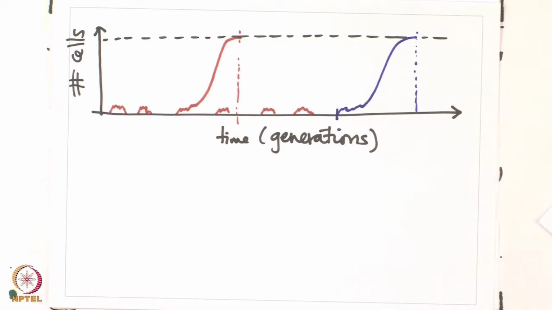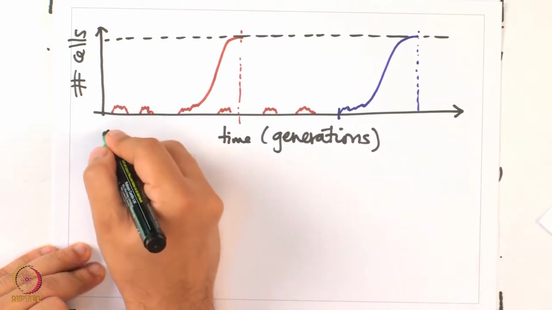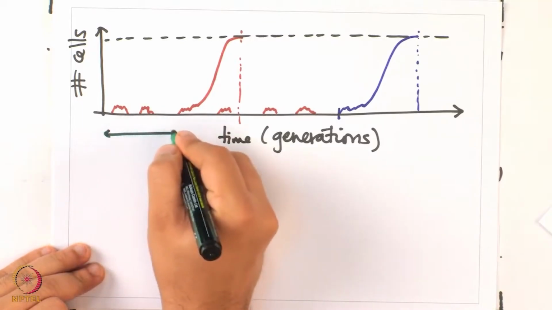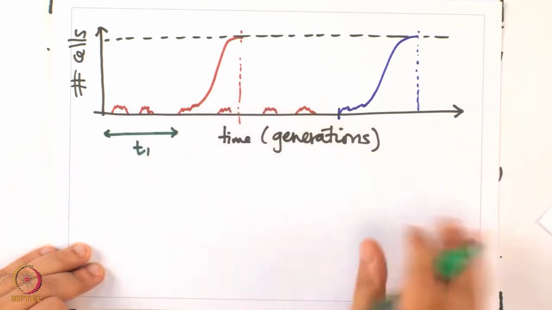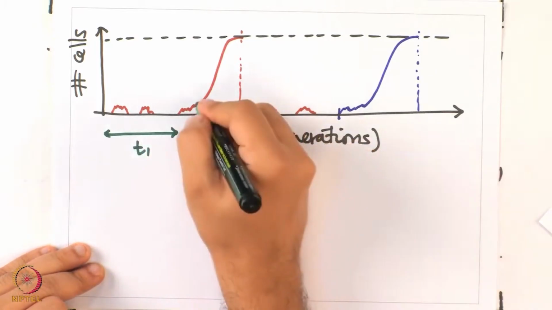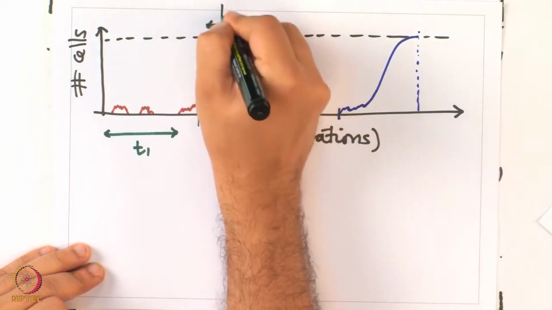And in this process, we note that there are two times associated with the dynamics. The first one is T1, which is the time I have to wait before a mutation gets established, and the second time is the time associated with fixation of a mutation.